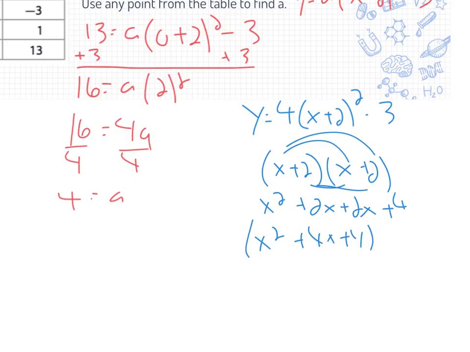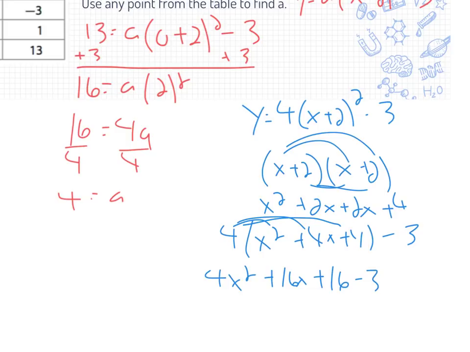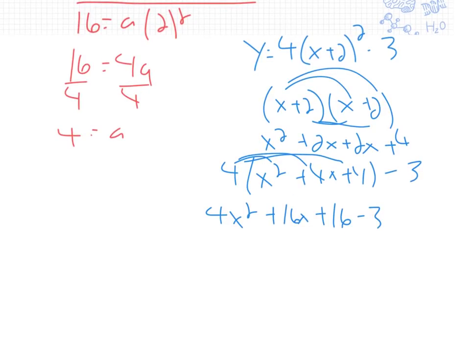But now this time it is multiplied by 4 and then subtracted 3. So distributing that 4 in, you get 4x squared plus 16x plus 16 minus 3. So then our standard form is y equals 4x squared plus 16x, and then 16 minus 3 is 13.